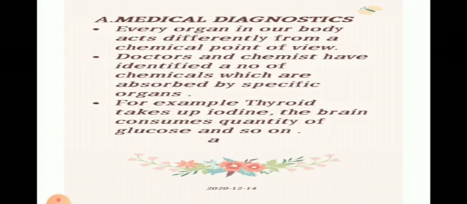The medical diagnostics. Every organ in our bodies acts differently from a chemical point of view. Doctors and chemists have identified a number of chemicals which are absorbed by specific organs. For example, the thyroid takes up iodine and the brain consumes quantities of glucose, and so on.